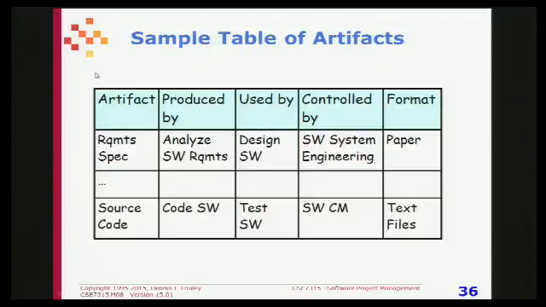Here's the artifact, here's who produces it, and who produces it is a process step. Who uses it, same thing. It's a step of your process that uses it. Who controls changes to it? In other words, can anybody change it, or is there a particular job or a particular role responsible for changing it? And what format is it in?